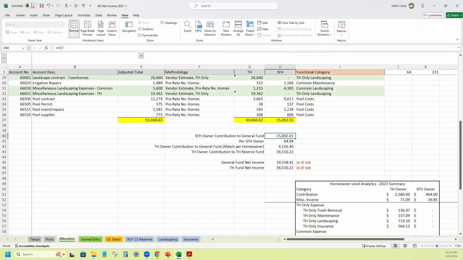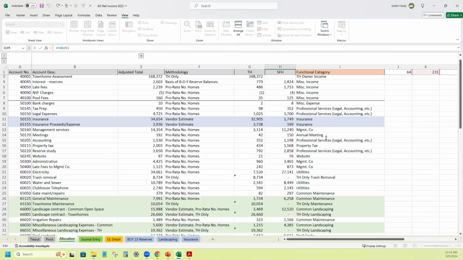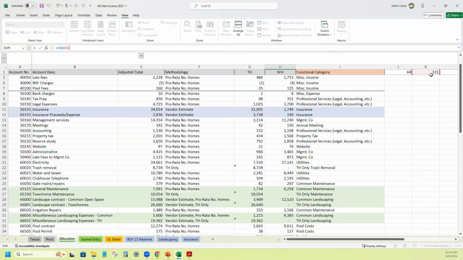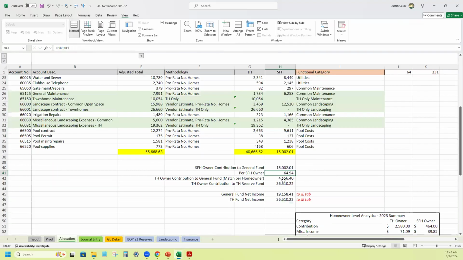So 100% of the single family home net income goes to the general fund, divided by the number of homeowners, 231 homeowners. You can see up here, the town homeowner contribution to match is also $65 per homeowner, times the number of homeowners up here.